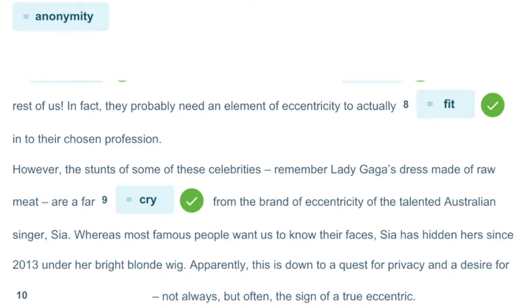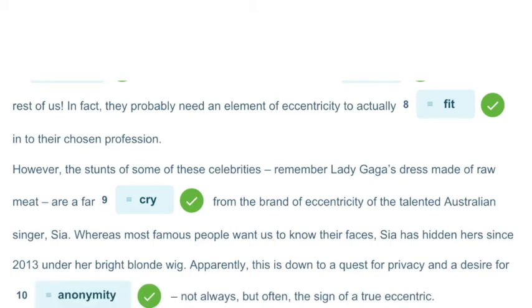Whereas most famous people want us to know their faces, Sia has hidden hers since 2013 under her bright blonde wig. Apparently, this is down to a quest for privacy and a desire for anonymity. Not always, but often, the sign of a true eccentric.